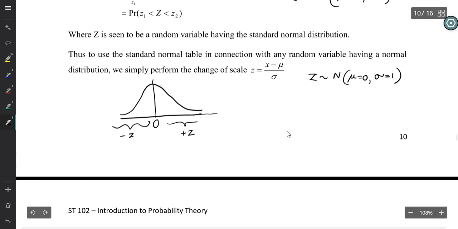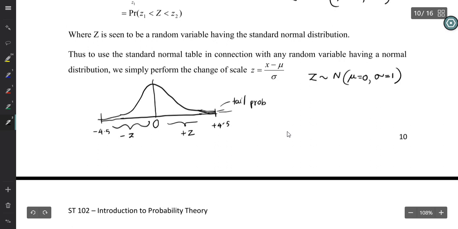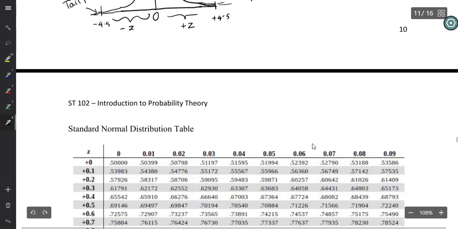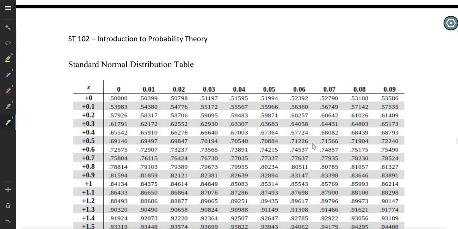And towards the tails, you will get very small probabilities. Especially after negative 4, negative 4.5, positive 4, positive 4.5, and beyond that, the tail probabilities will become very, very small, approximately 0. So let's go back to our standard normal distribution table.